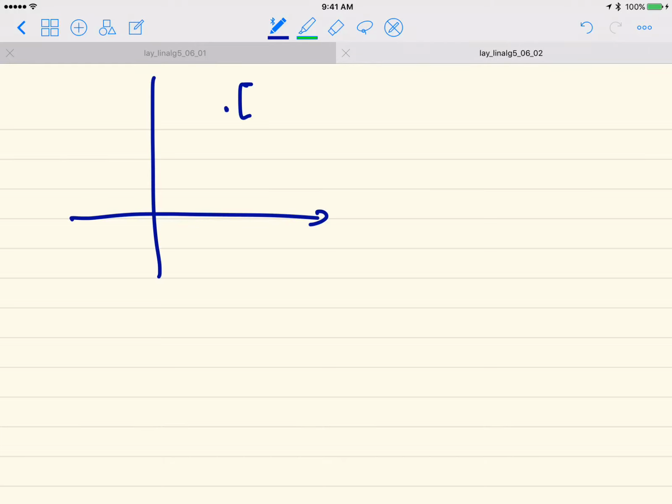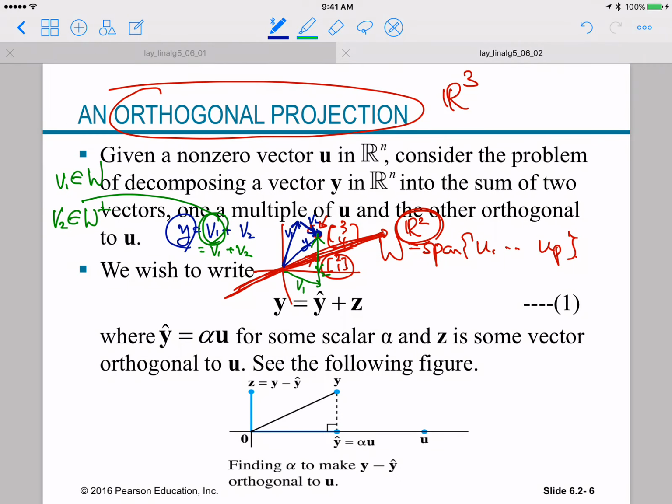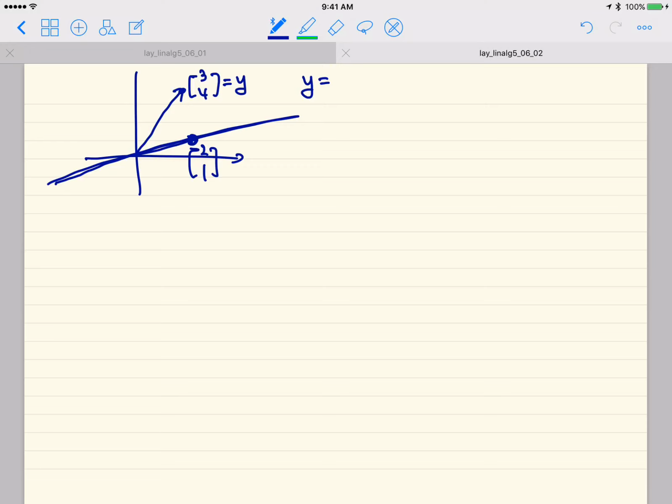So we considered maybe (3, 4) here, and then (2, 1), and then we consider this subspace, right? And then this vector y can be decomposed, so y becomes v1 plus v2.